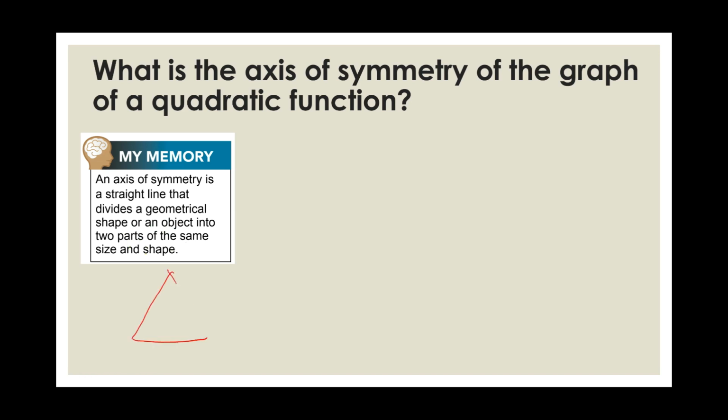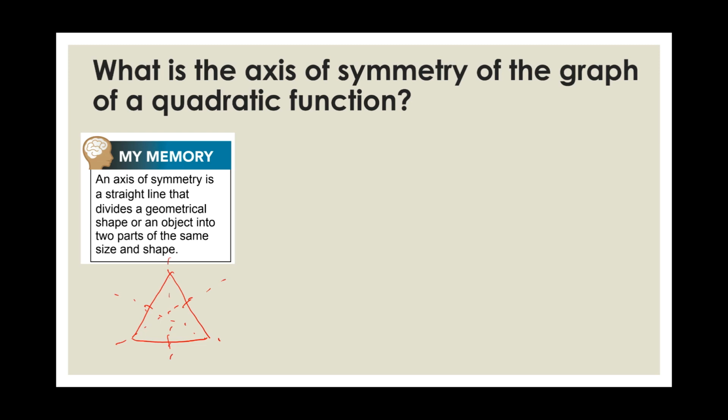For example, I have an equilateral triangle. Can you tell me how many axes of symmetry I have for the equilateral triangle? 3, because I said equilateral, right? All sides have the same size here. So I will have 1, 2, 3 axes of symmetry.